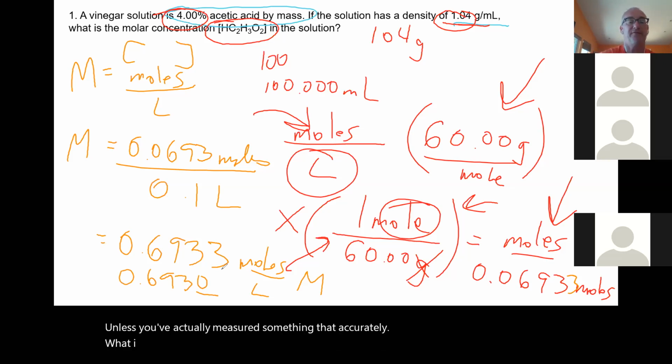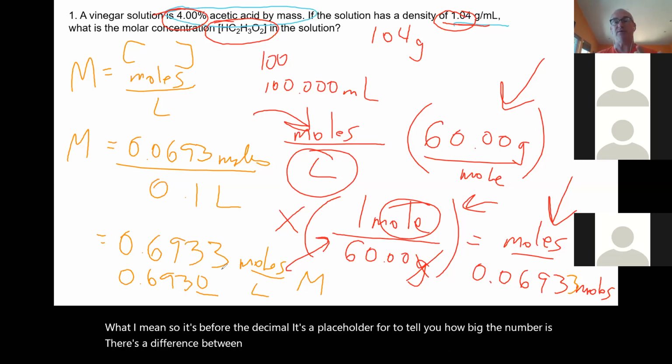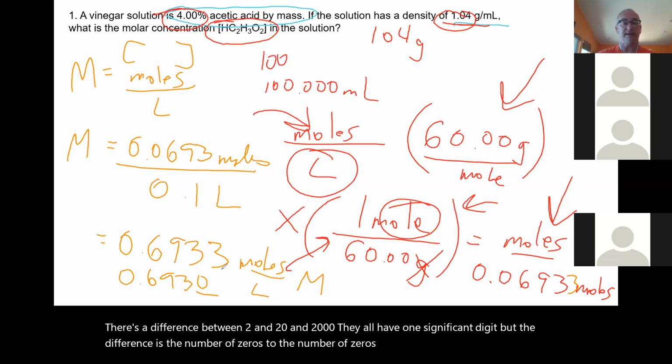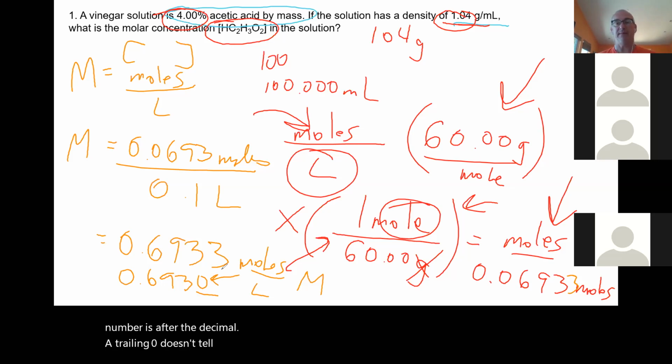If it's before the decimal, it's a placeholder to tell you how big the number is. There's a difference between 2 and 20 and 2,000. They all have 1 significant digit, but the difference is the number of zeros. After the decimal, a trailing 0 doesn't tell you how big the number is.